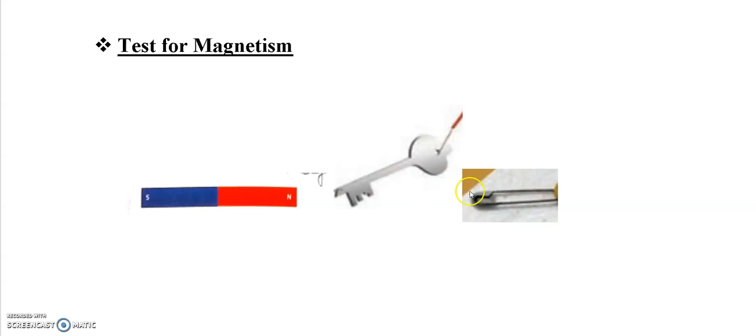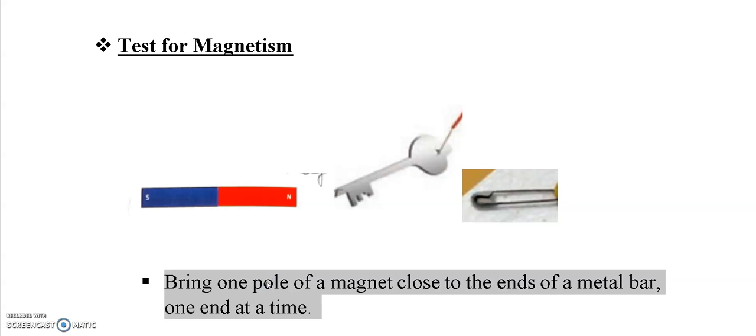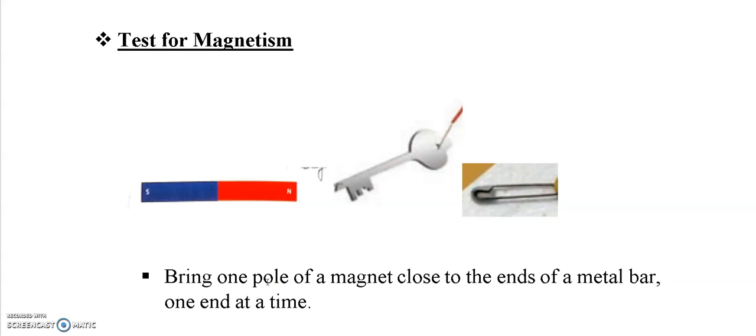Now, if you take a pole of a magnet, bring this pole close to the end of a metal bar. So take a metal bar and bring one pole of a magnet close to that metal bar, one end at a time, meaning first one end and the next time the other end.